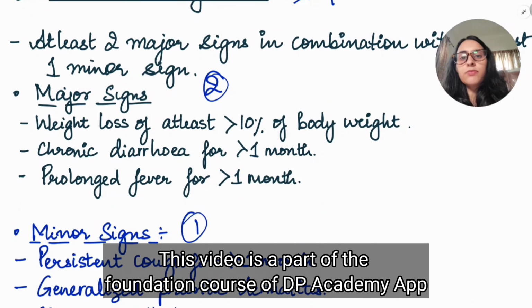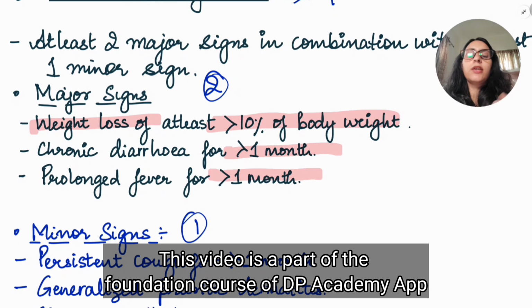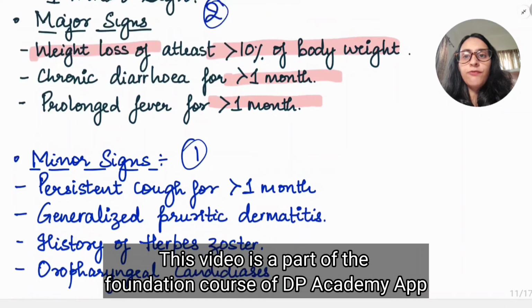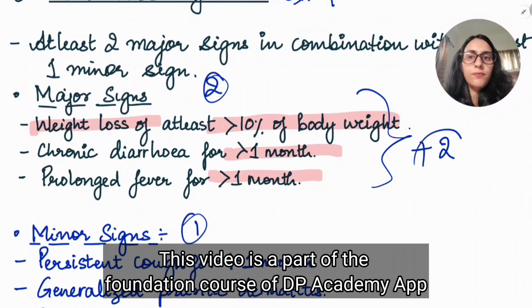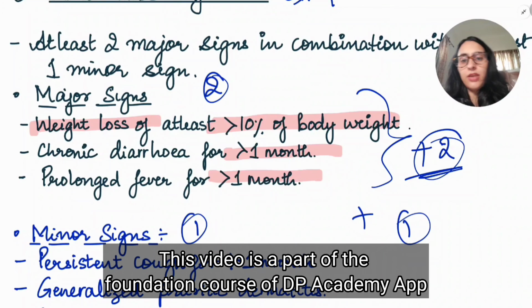So what are the 3 major symptoms? Among 3, if 2 are positive: weight loss of more than 10% of the body weight, or diarrhea for more than 1 month, which we call chronic diarrhea, or fever for more than 1 month, which we call prolonged or chronic fever. If 2 of these 3 are positive, at least 2 major signs plus 1 minor, we say the person is having AIDS.